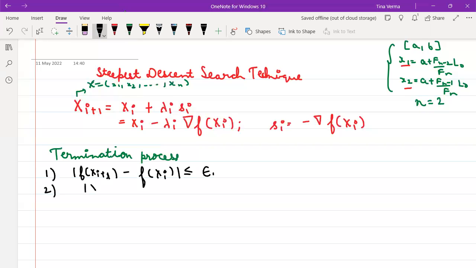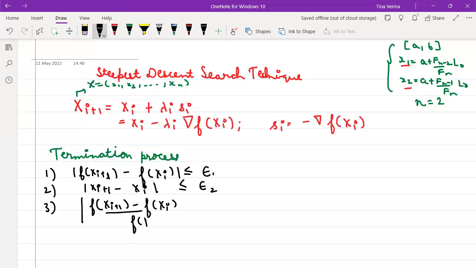Second, you can also use xi plus 1 minus xi less than or equal to your tolerance. Third, the relative error, f of xi plus 1 minus f of xi, divided by the original value f of xi, will be less than your tolerance. And the fourth termination can be curl f by curl xi less than or equal to epsilon 4, right? So these are all the tolerance levels which will be given to you. So you have to stop by whatever criteria is given to you, right?